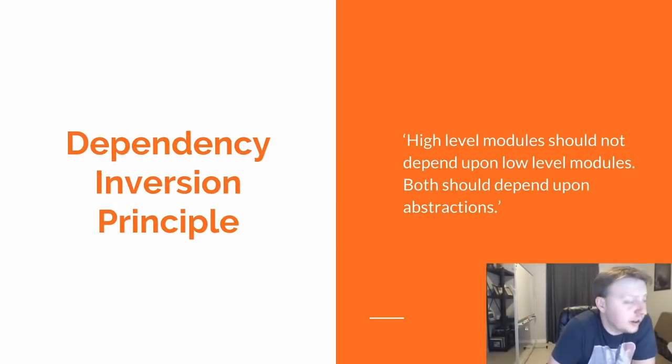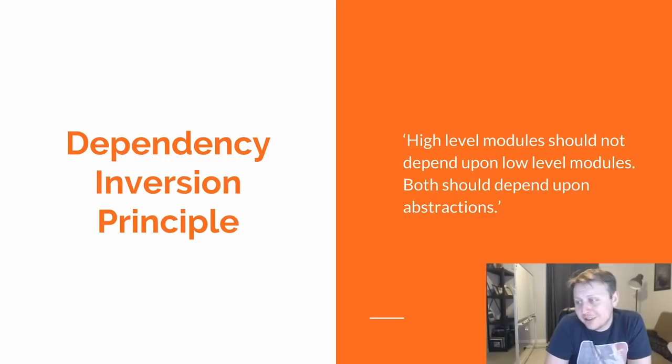Now, if you haven't noticed by now, I've said the word abstraction about 15 times. And in the dependency inversion principle, that will continue on. High-level modules should not depend on low-level modules. Both should depend upon abstractions.